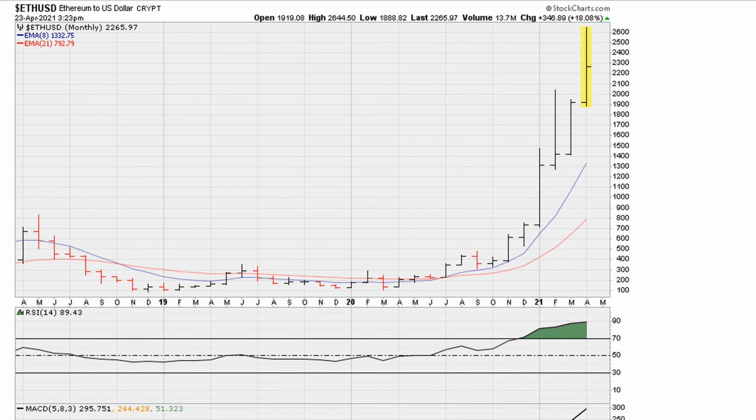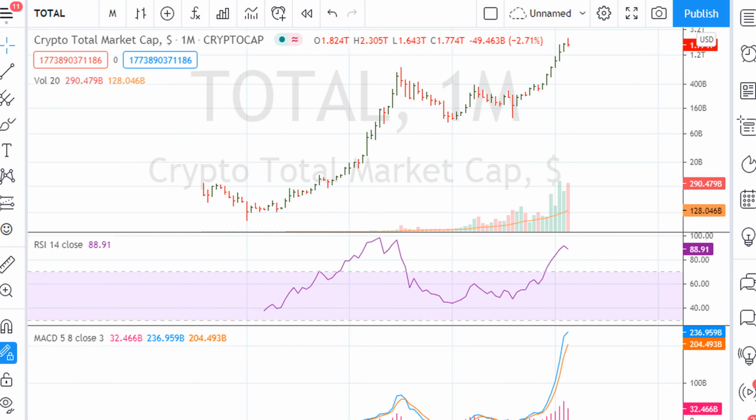Also, on the monthly, Ethereum continues to hold above 69.1. And as long as it is above 69.1, in fact trading at 89, it still continues to be stable to bullish. So Ethereum is holding up the crypto space as of this instant in terms of its strength.